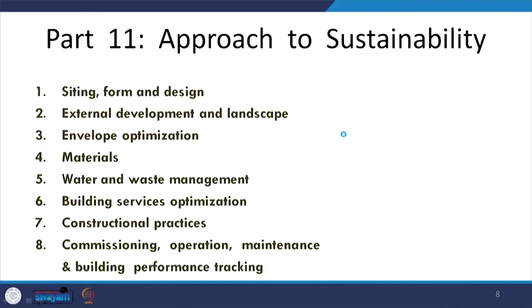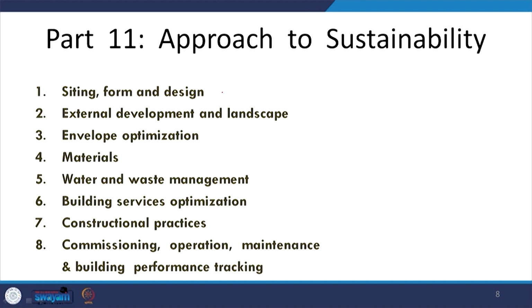So, if we look at this approach to sustainability, we can broadly divide the contents given in part 11 into 8 distinct parts. These are not as they appear in the code, but this is what they largely cover.